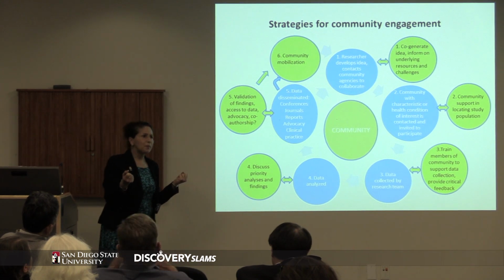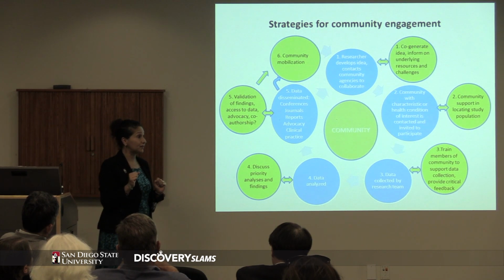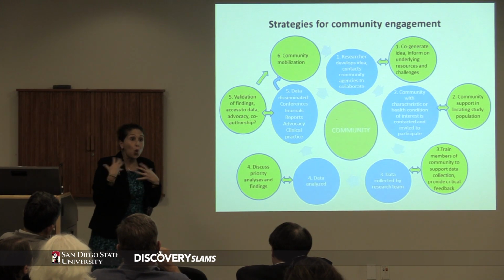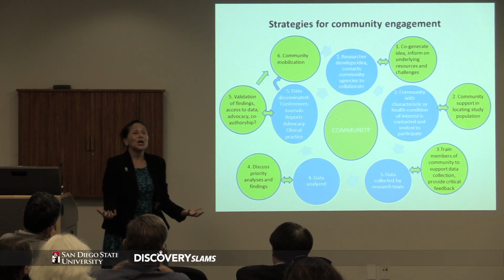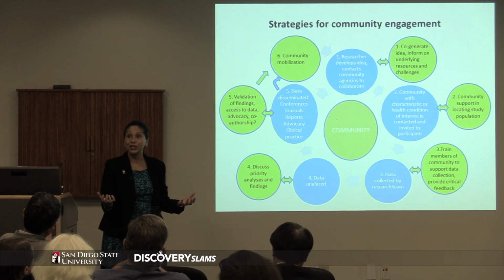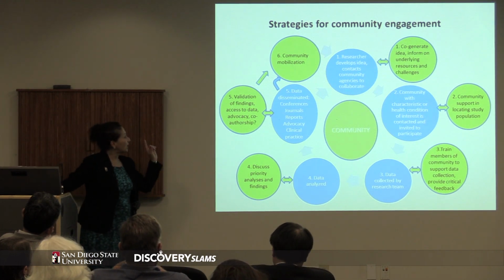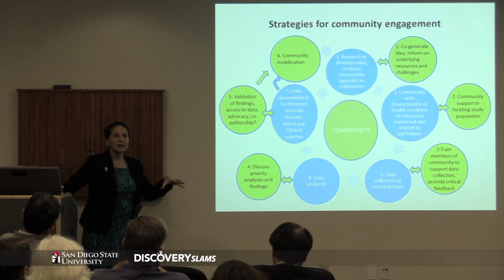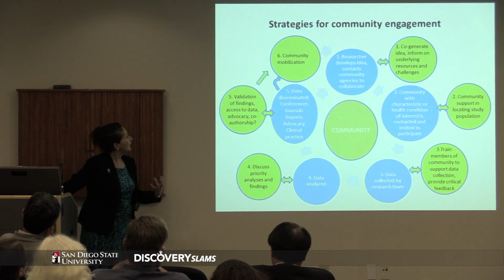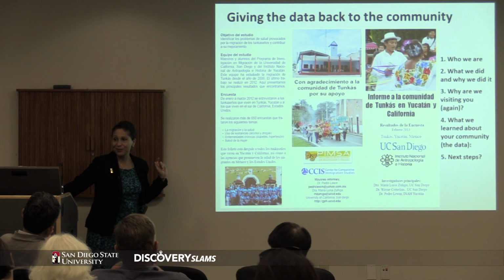And so we went back, and sure enough, we had not coded that variable properly. So here we are thinking, engaging community members in different perspectives about the research can improve the quality of our research. We can also validate findings by allowing access to data, and then if the community decides, they can mobilize with the information.